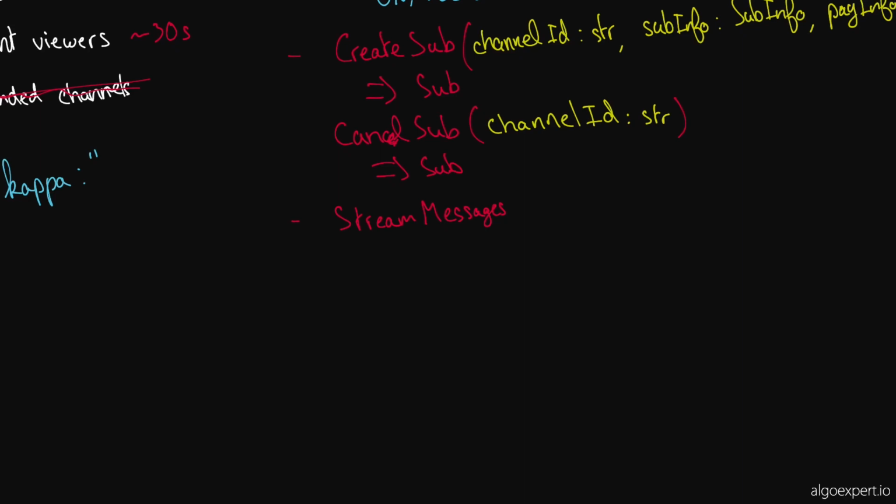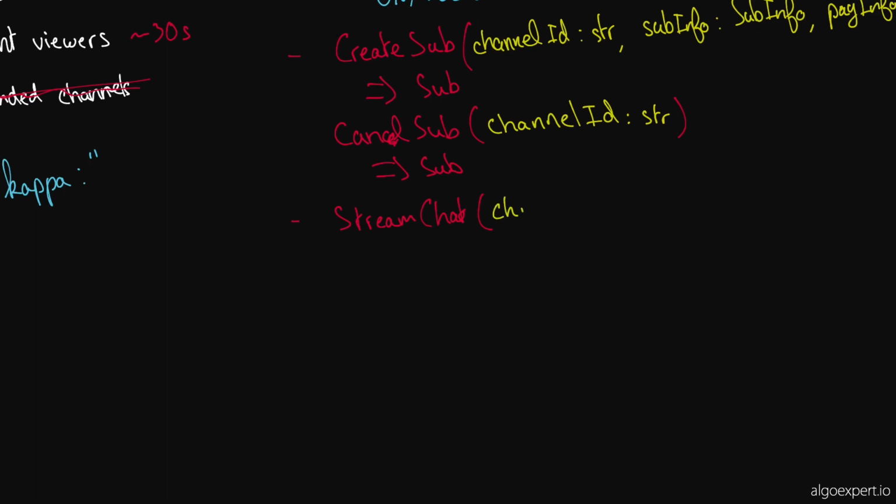And maybe we'll even call this stream chat to be a little bit more relevant to how we had determined or named the feature before. So stream chat, and this is going to take in just a channel ID.